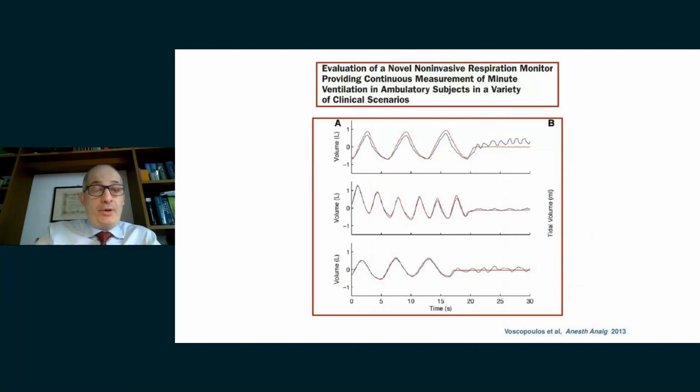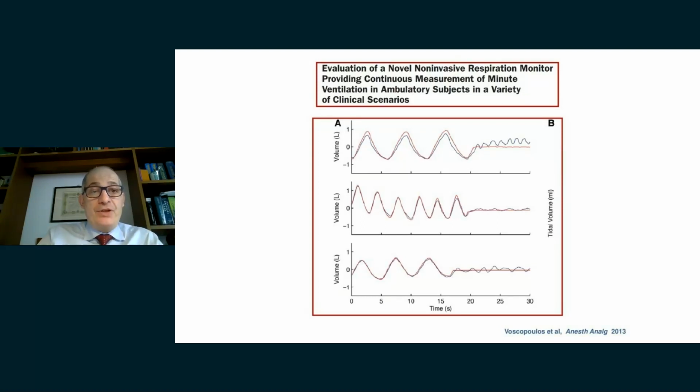And what is also important, the respiratory ventilator monitoring is also able to detect the inspiratory effort not detected by spirometry. The red line is the spirometry, and in blue is the device.